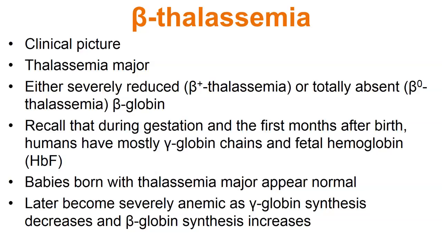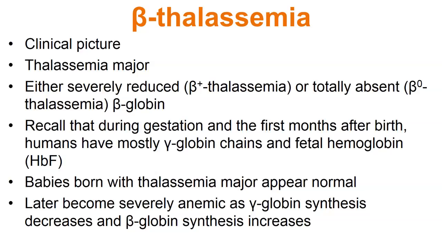In order to understand how the symptoms manifest, you have to go back and recall what's going on with fetal hemoglobin, right? In fetal hemoglobin, that beta globin is not there, right? So if you have a baby born with thalassemia major, they are going to appear at birth and in utero absolutely, completely normal.